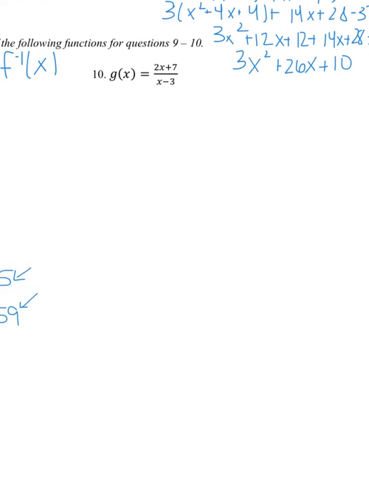Number 10, this was the hardest type of inverse, a rational function. So as always, we're going to start off, y equals 2x plus 7 divided by x minus 3. I switch the x and the y, so x equals 2y plus 7 divided by y minus 3. Now again, my steps are going to be the same, so I put this over 1 and I cross multiply.